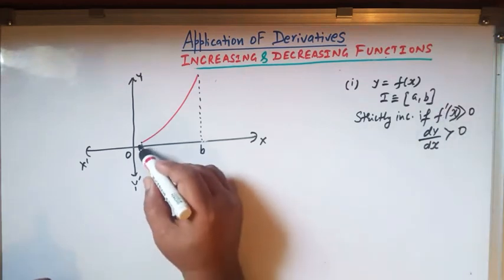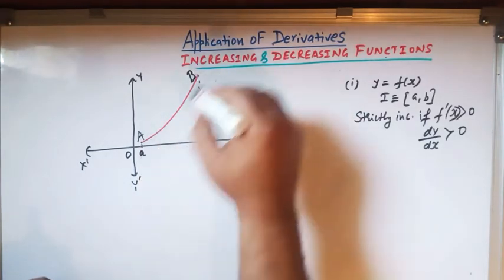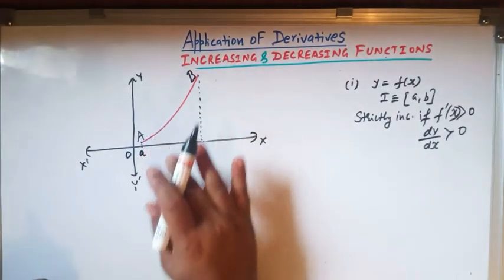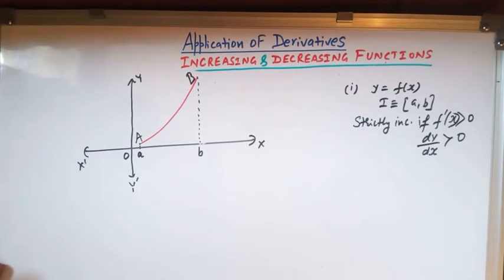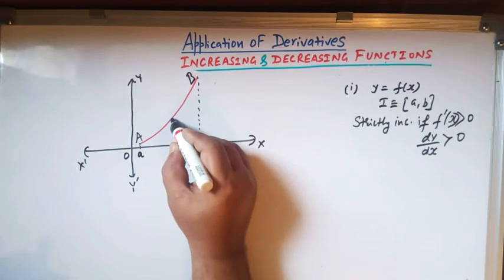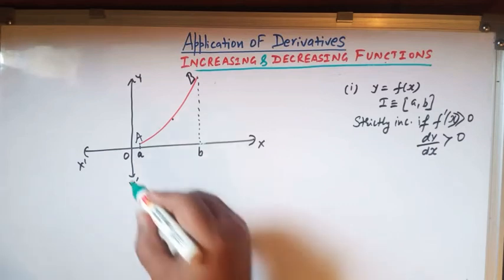Clear? So here we have a graph of a function ab which is a strictly increasing function. Now let us take a point here and draw a tangent at this point.